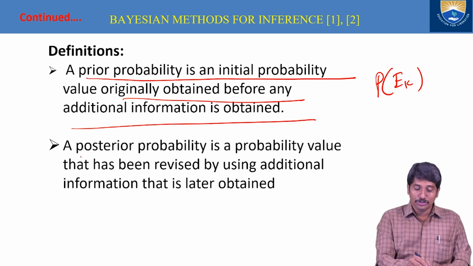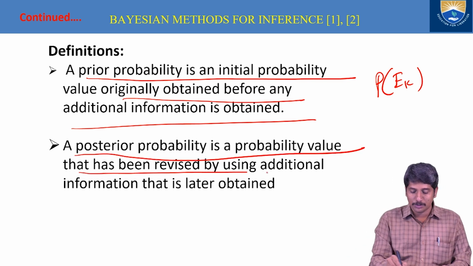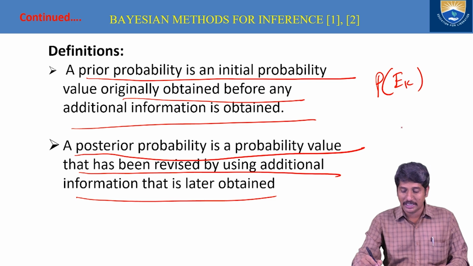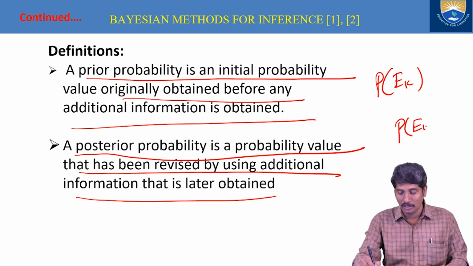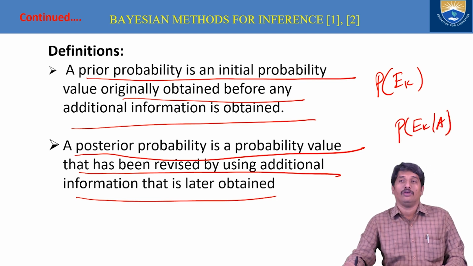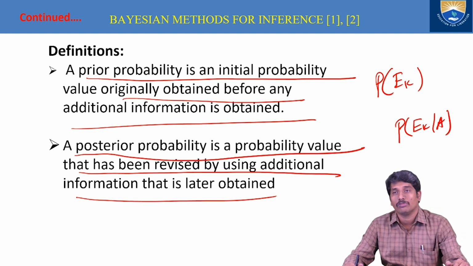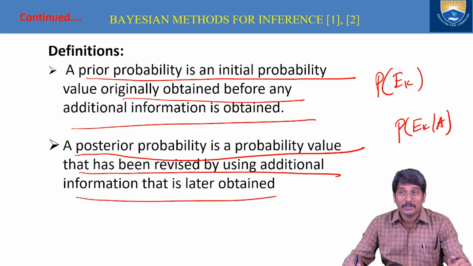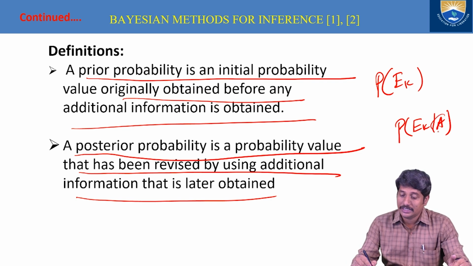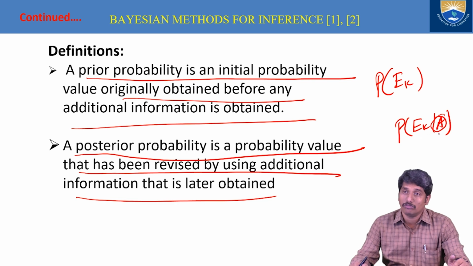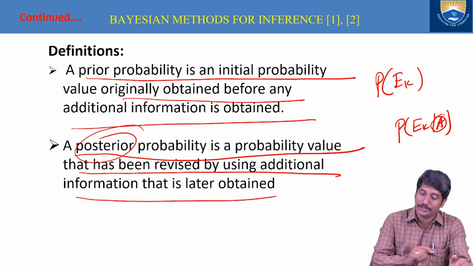A posterior probability is a probability value that has been revised using additional information that is later obtained. It's P of EK given A. That means when additional information A is given, what is the probability of EK? That is, what is the change in the probability of EK, assuming that A has happened. This is called the posterior probability.